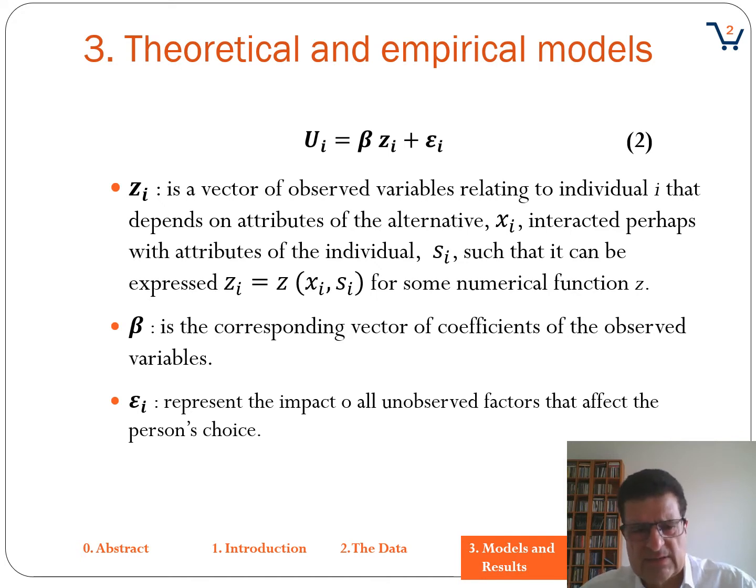They are unknown, and we want to know about them. They measure the strength of the effect of each of the explanatory variables on the dependent variable, and so those are the parameters of interest. And then we have epsilon i, which is the error of the relationship and represents the impact of all unobserved factors that affect the person's choice.